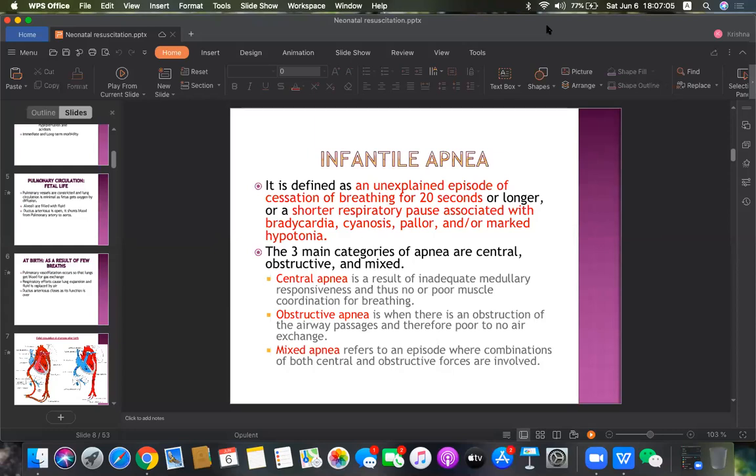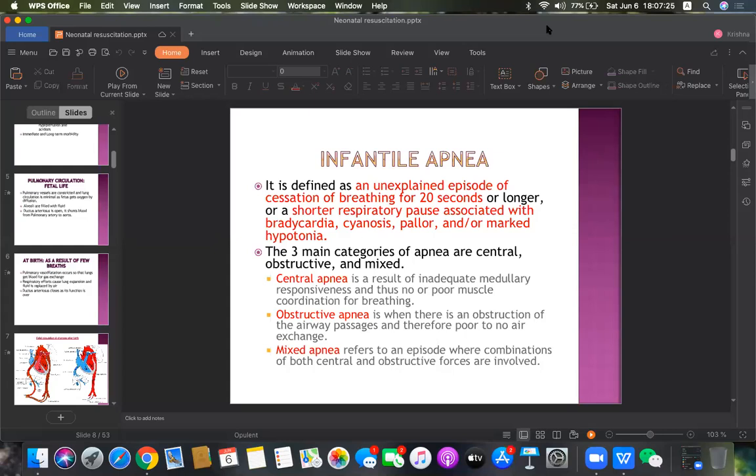So apnea has two definitions. One is a prolonged pause of more than 20 seconds. Another is a pause of less than 20 seconds with bradycardia, cyanosis, pallor, or hypotonia. This is also known as apnea.